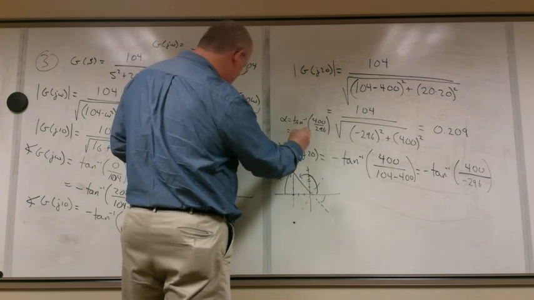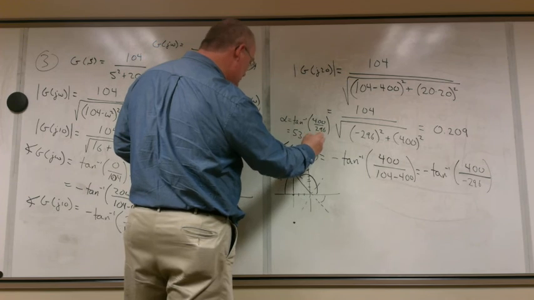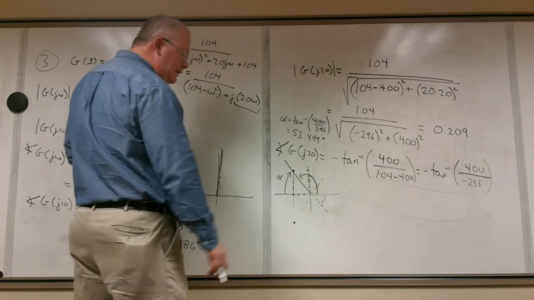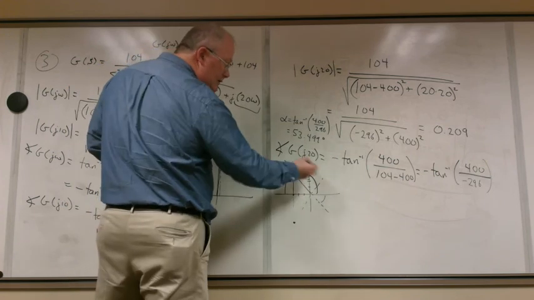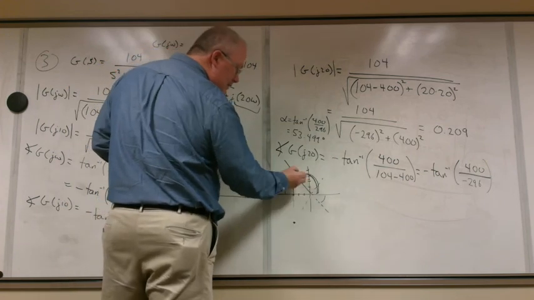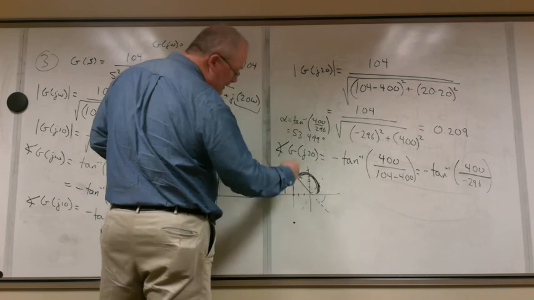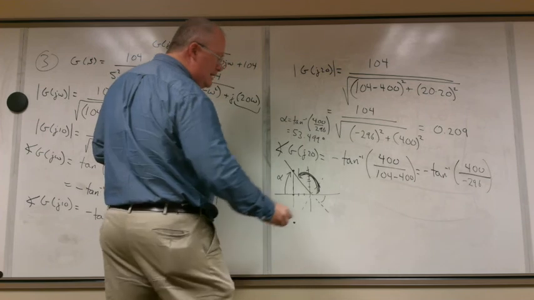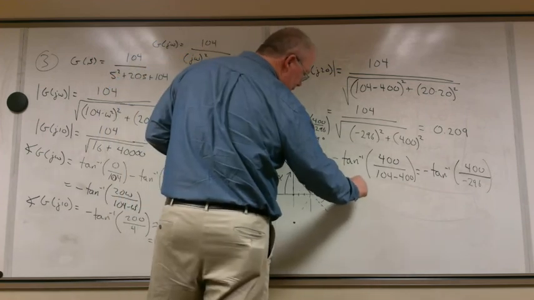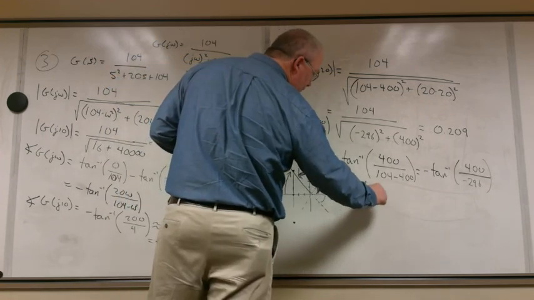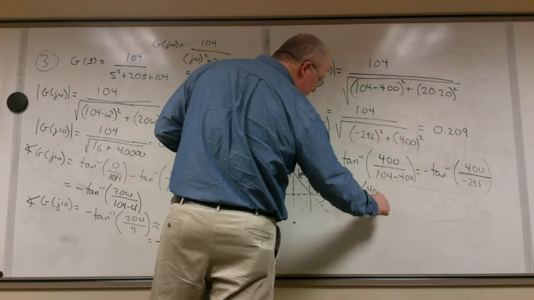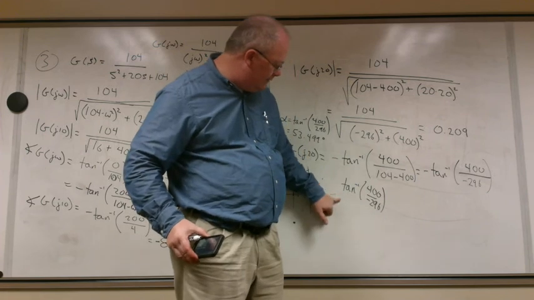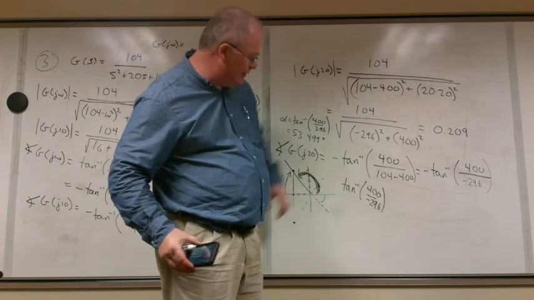So that's equal to 53.499 degrees. It's a lot more resolution than we need. And the phase angle that I'm looking for is actually this. It's actually the negative of that. So what I'm saying is that the inverse tangent of 400 over minus 296, and recognize that here's a negative, and here I'm not doing the negative. I'm just trying to figure out what this angle is.